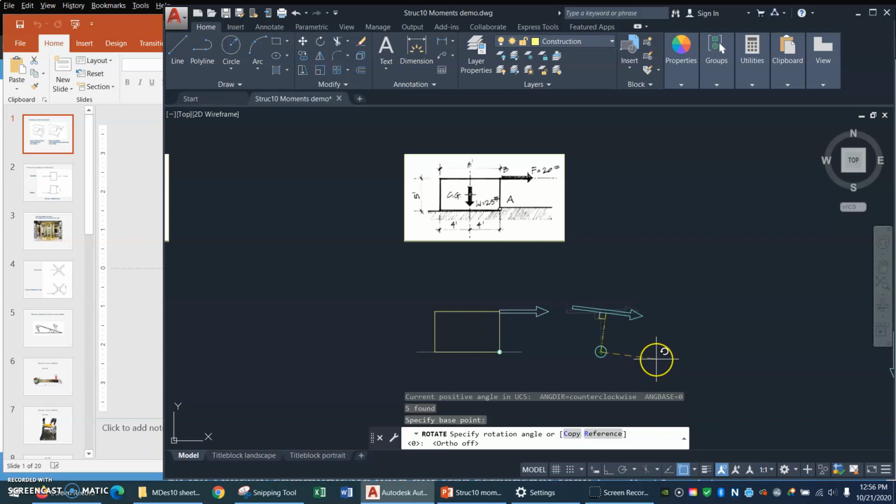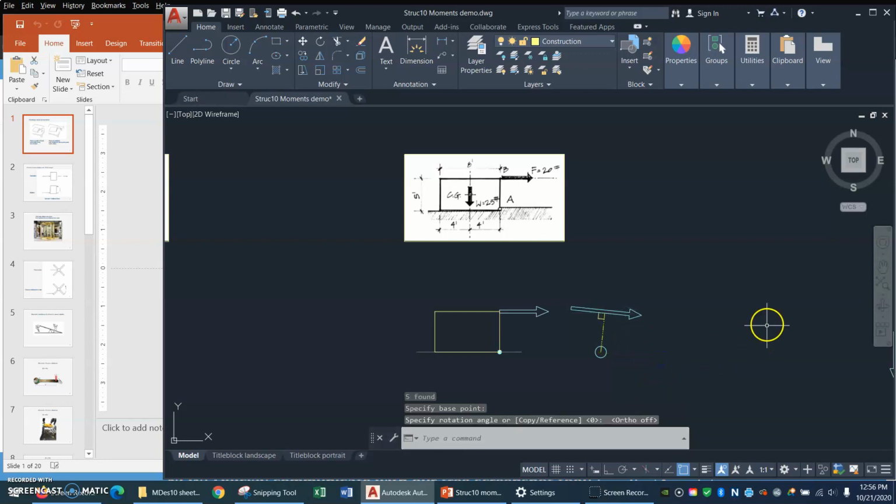Okay, so we could go moment equals force times distance. We could go moment equals 20 pounds times a 5-foot distance. Looks like this overturning moment must be 100 foot-pounds.